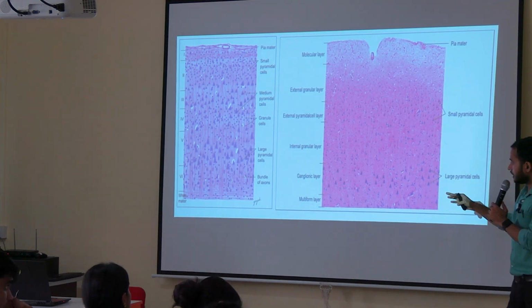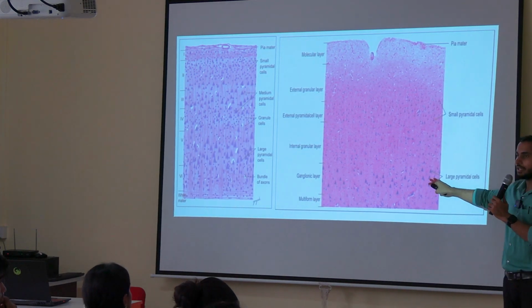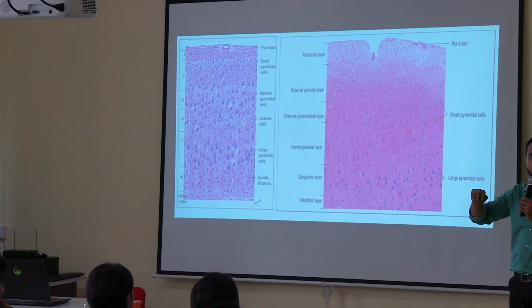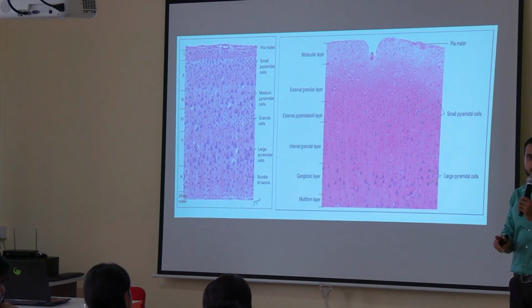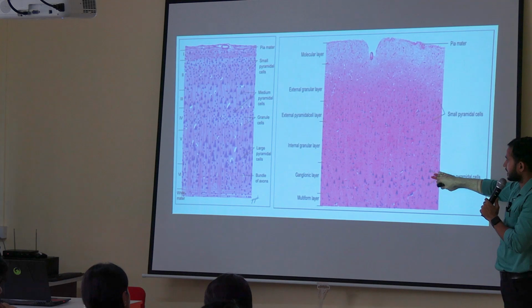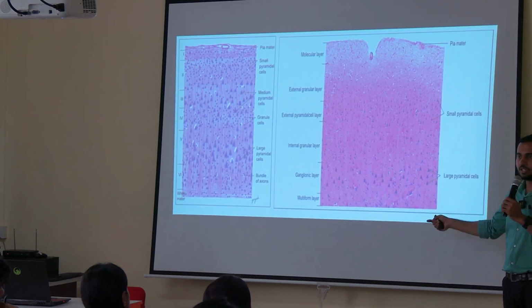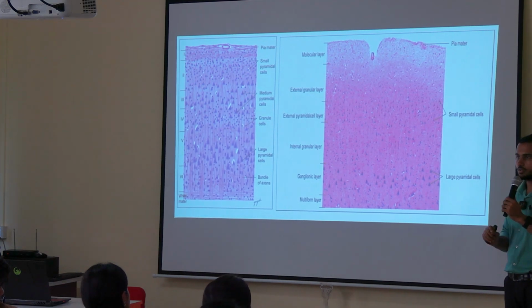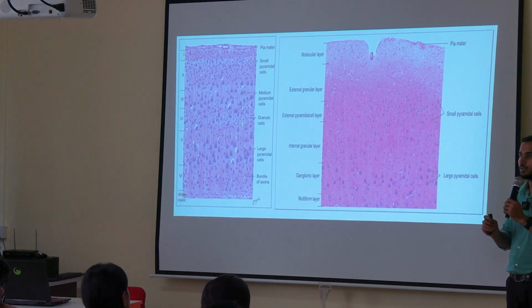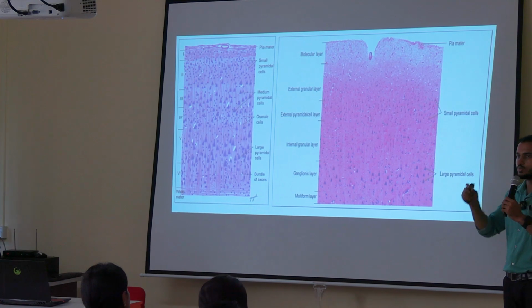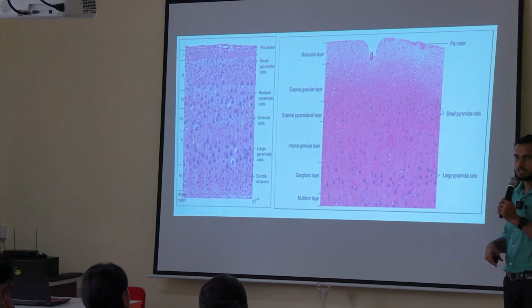By looking at the diagram under low magnification, you can easily differentiate between the pyramidal cells and the granule cells. Granule cells under low magnification appear just like a dot because they are extremely small. You need high magnification to see the shape of the cells.